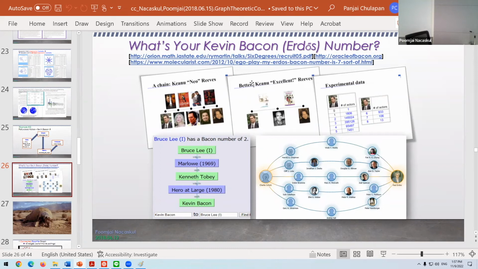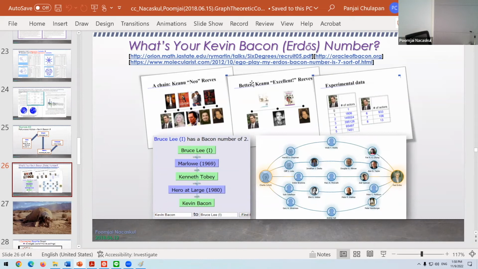A bipartite graph is V1, V2, and E, where vertices within V1 are not connected, vertices within V2 are not connected, but vertices between V1 and V2 are connected. So you can always draw V1 over here, V2 over here, and then the edges between them. This is called a bipartite graph.